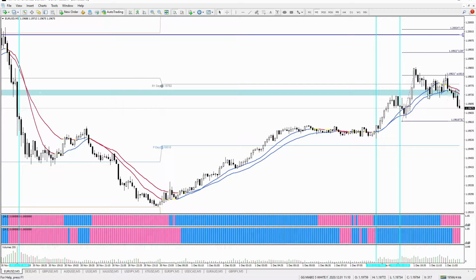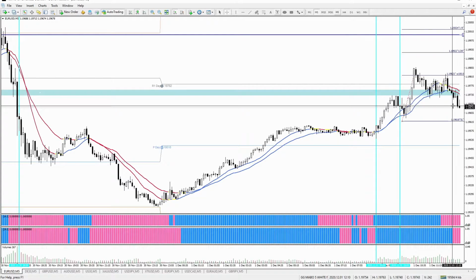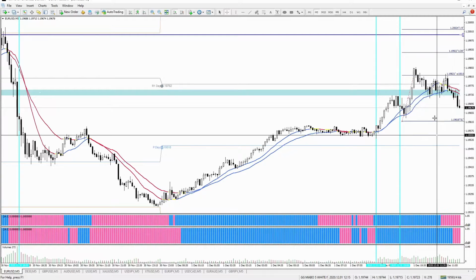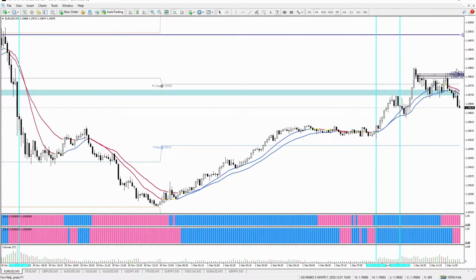What happens now is that this area is still important. R1 is still important. The bulls didn't make any inroads, and now the bears seem to be taking control. And if you look at this level here, this is a short signal, you might be inclined to go short at this level here, with the stop probably up here.